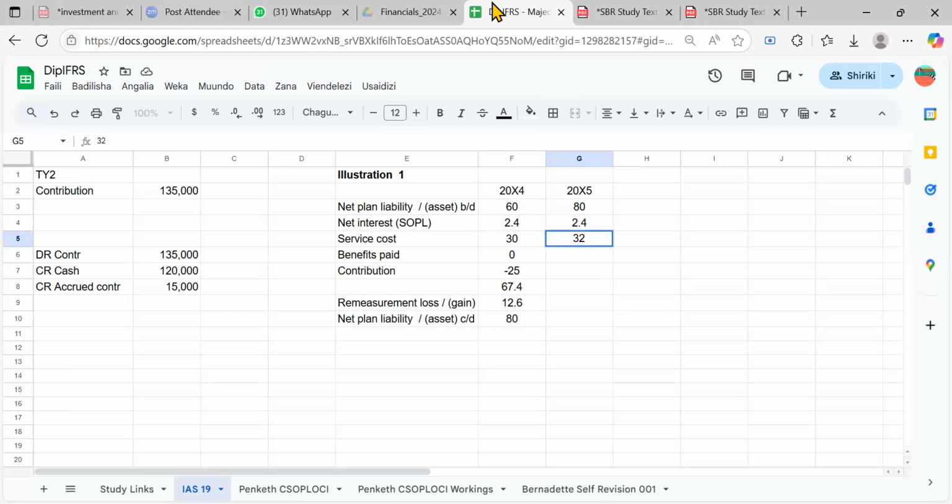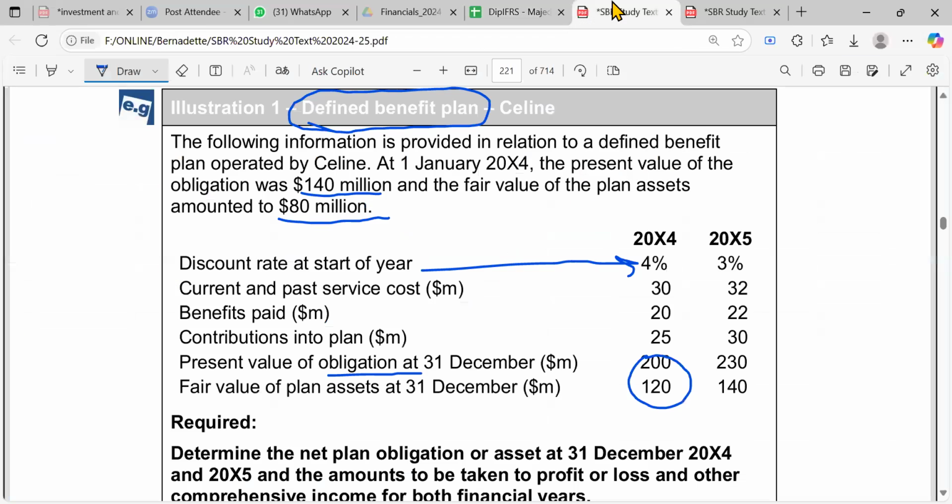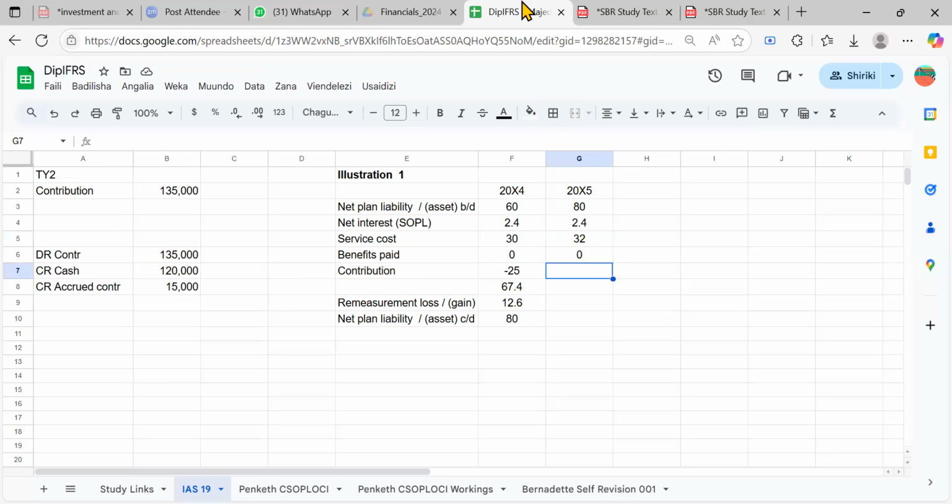So service cost increases the liability. Benefits paid, of course, even if it's there, I would have to put negative, right? Yes. 0. And then contributions into the plan, it's 30. So contribution is 30, should be negative 30. And then we can get our sum, which is 84.4.